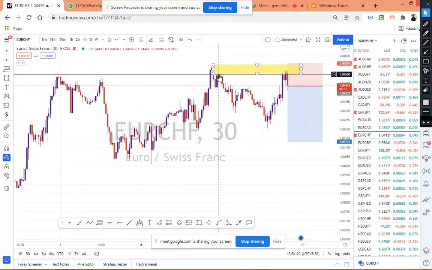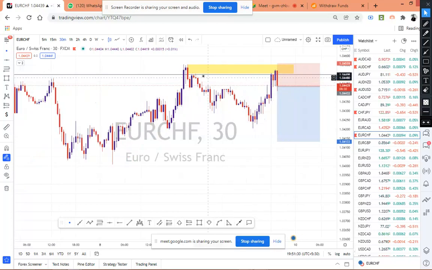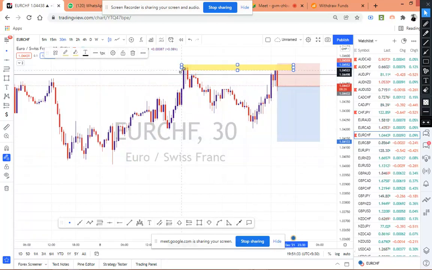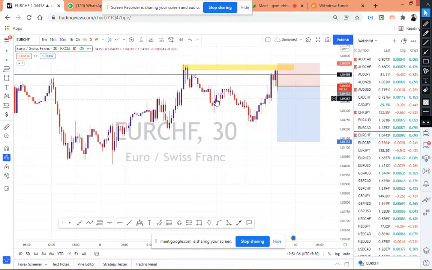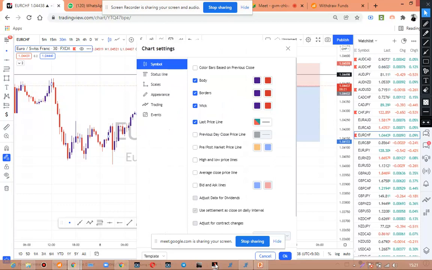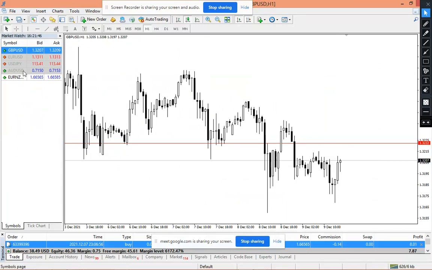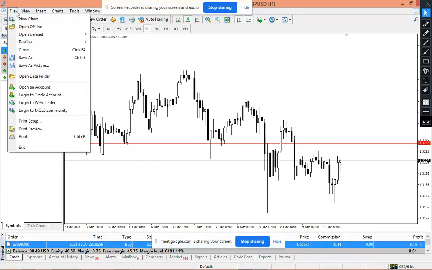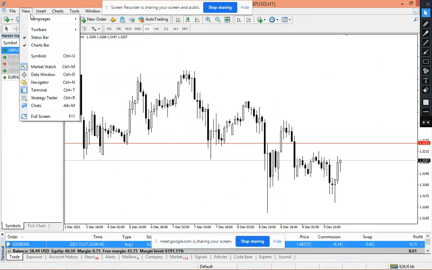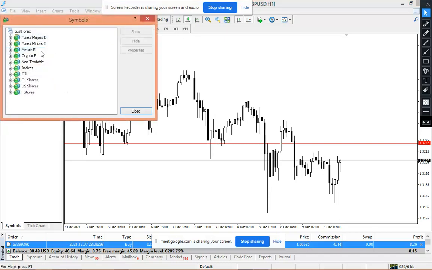We have resistance. We have the higher high, and we have the supply zone. Okay, so what I'm going to do is sell this trade. So I'm going to use my MT4.